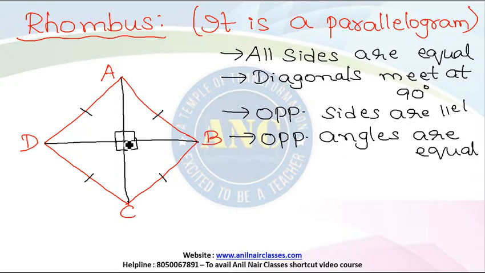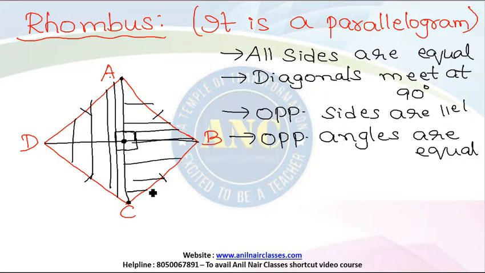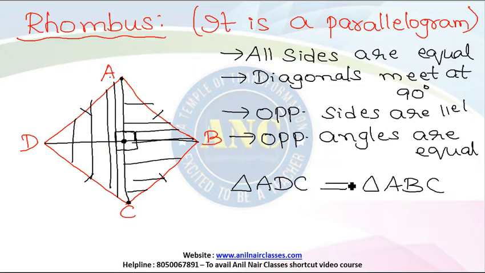Now, when the diagonals meet at 90 degrees, the diagonal AC is dividing this bigger quadrilateral into two equal triangles. One triangle is ADC, another triangle is ABC. That means triangle ADC and triangle ABC are both equal, or in other words they are congruent, right?